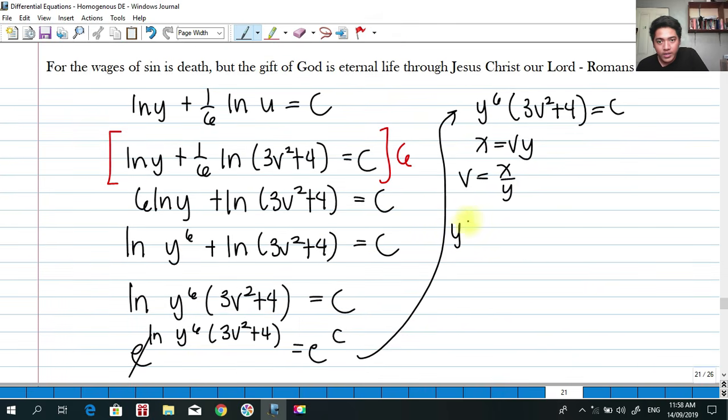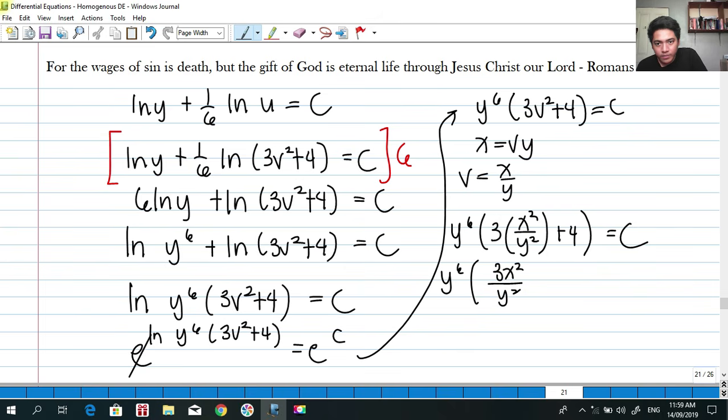So we have y raised to 6 times (3v squared, that is x squared over y squared because v equals x over y, plus 4) equals c. So y raised to 6 times (3x squared over y squared plus 4) equals c.